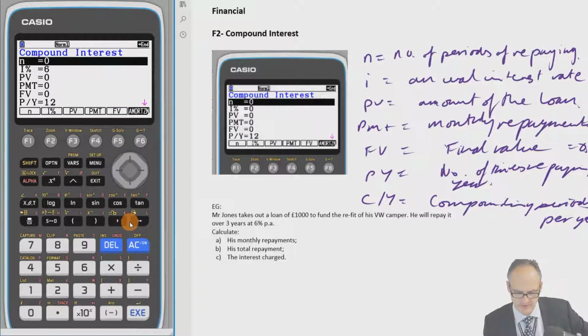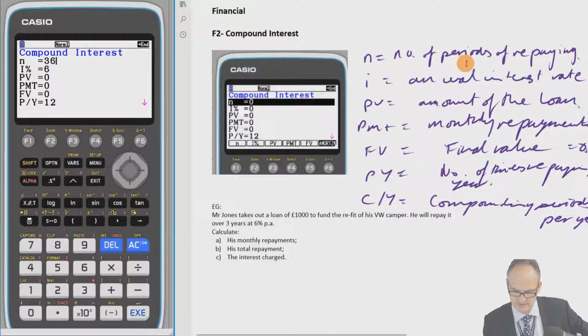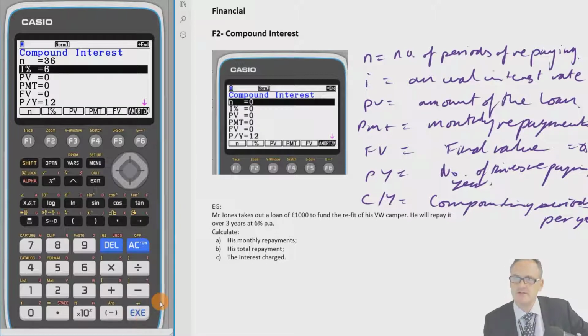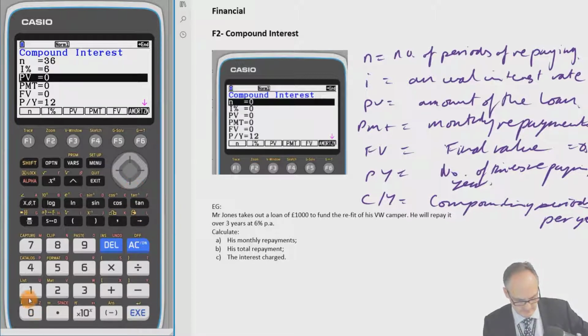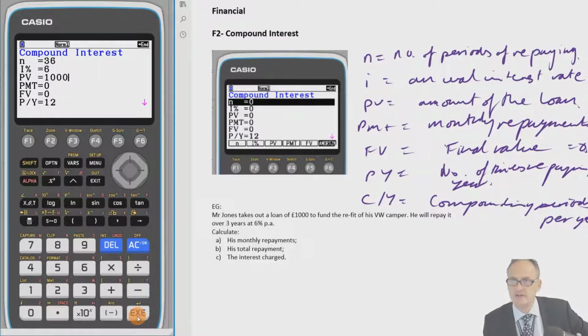Go up to N. Now we've got 3 years, so that's going to be 36 periods of repayment, because he's going to do one each month. Press execute on that. Then we've got to do the loan, which is going to be 1,000. Now we don't know what the monthly repayment is, so we're going to just leave that and press execute there.